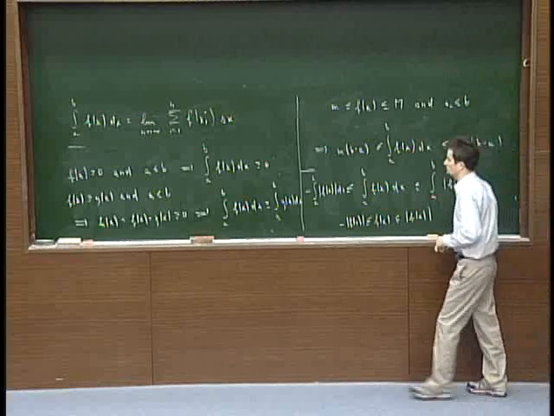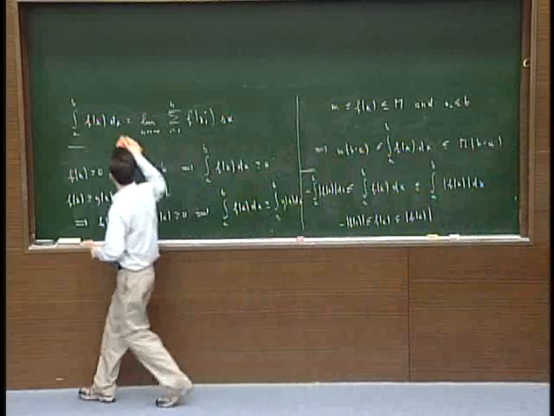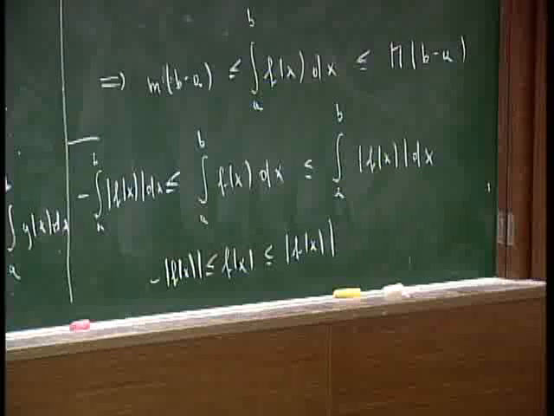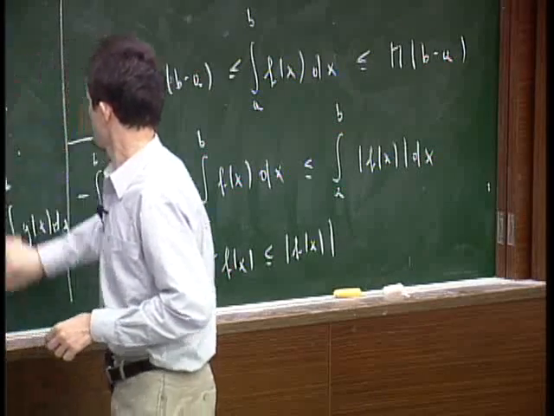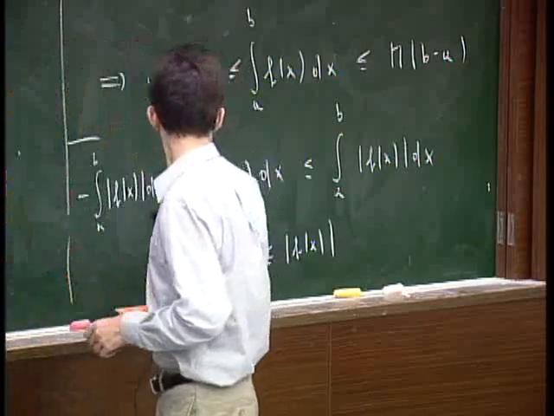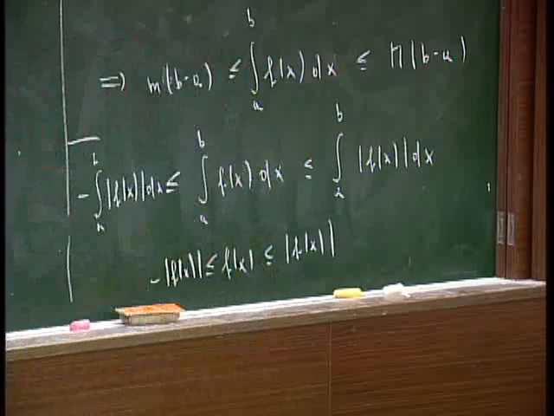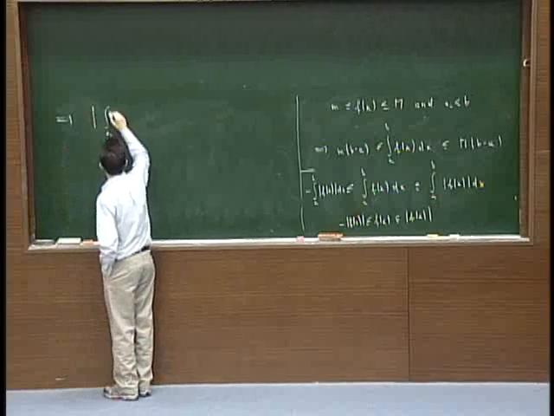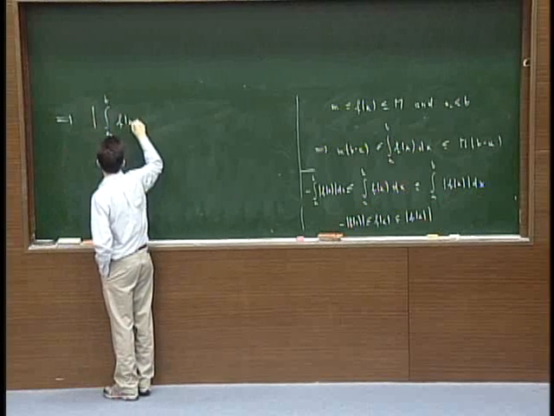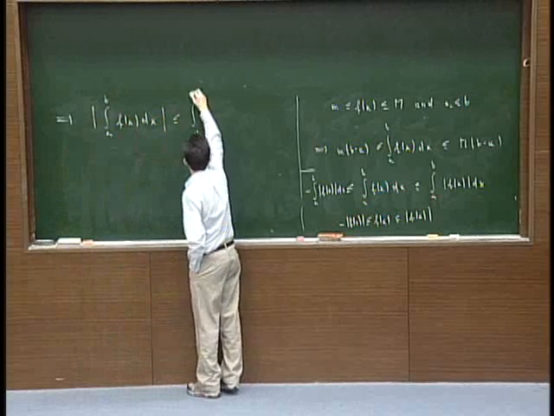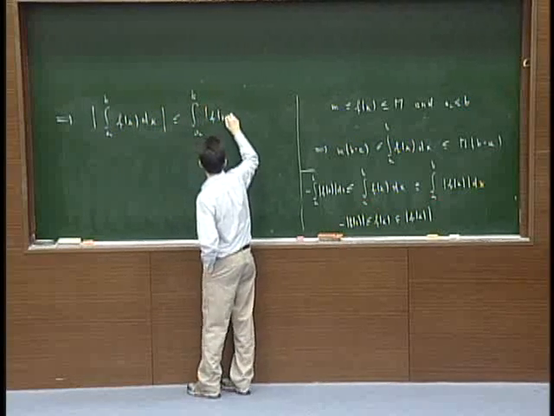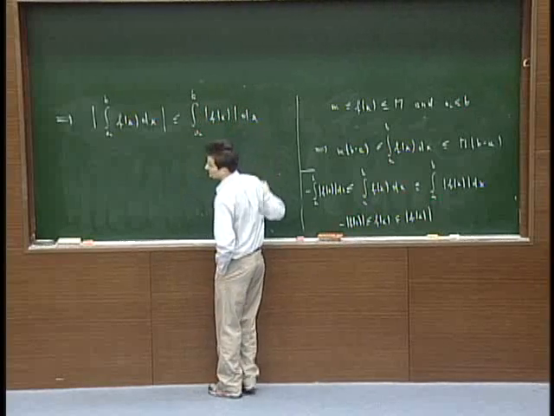And this now in turn implies that the absolute value of the integral a to b f of x dx is smaller or equal than the integral a to b absolute value of f of x dx.